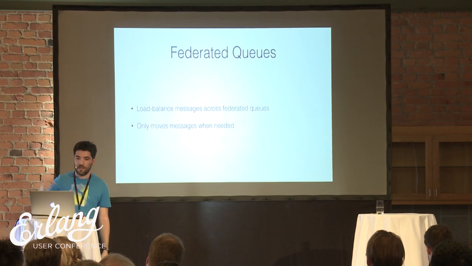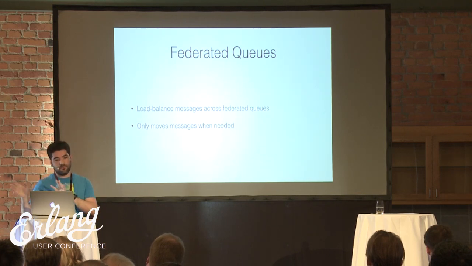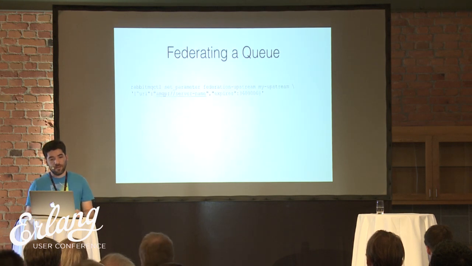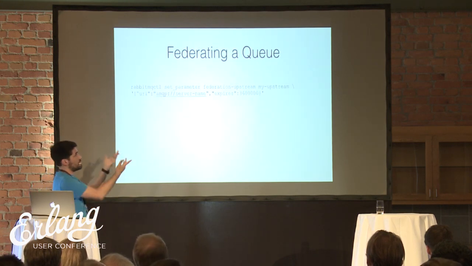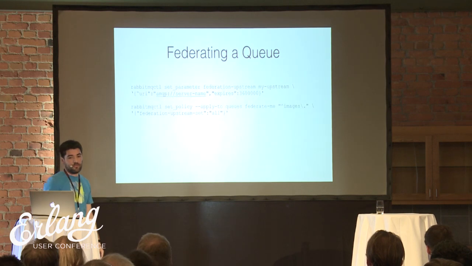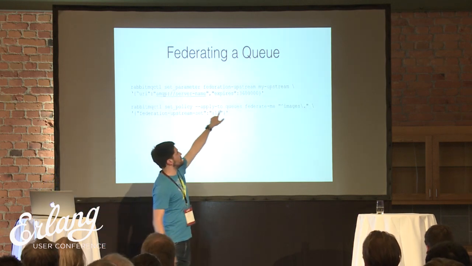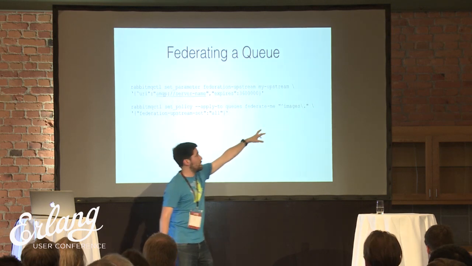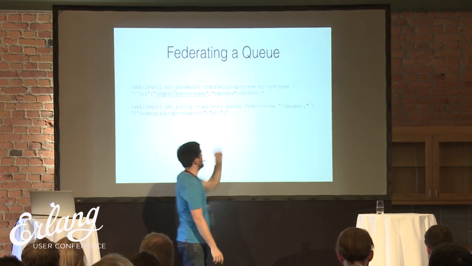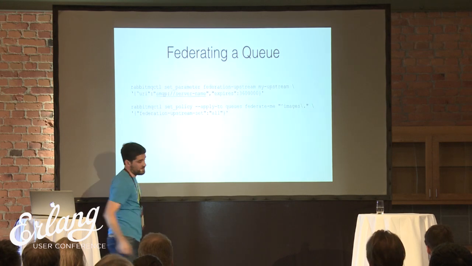Still, Rabbit can move messages around depending on the load of each queue. And it's really simple to set up. You set the upstream like we did before, and then instead of applying the policy to exchanges, we apply it to queues. We provide some regular expression again, and the upstream set.